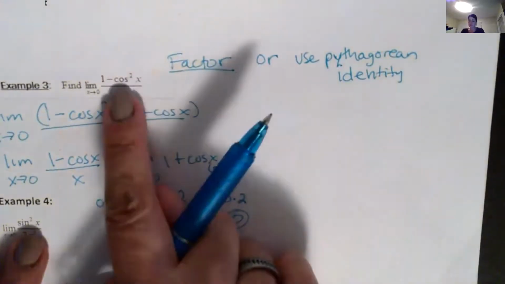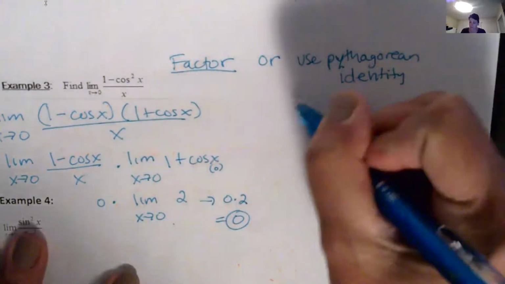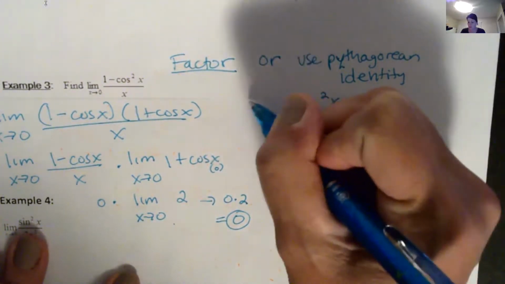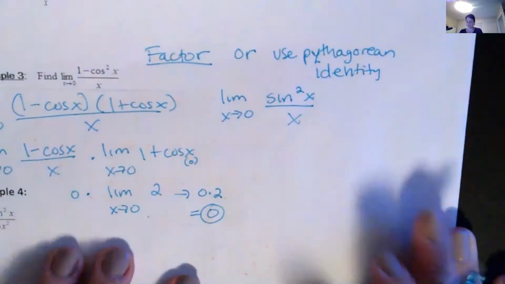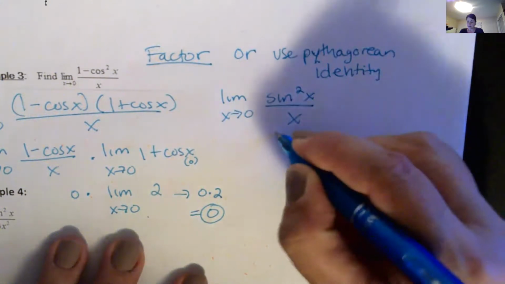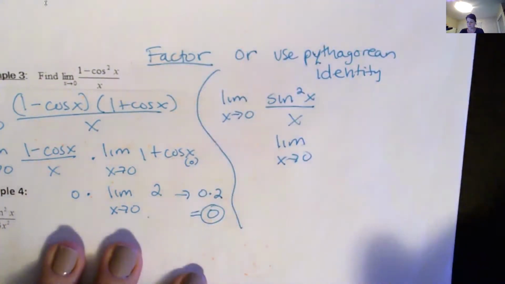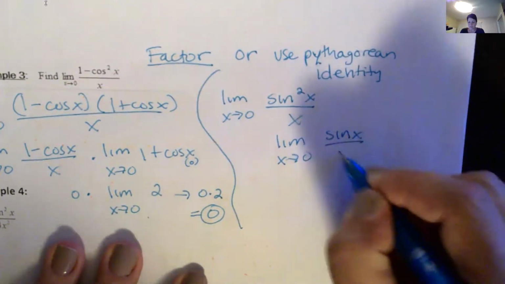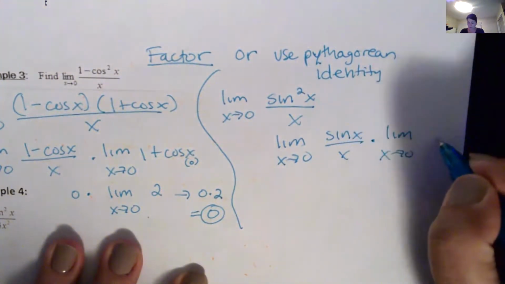Now, the Pythagorean identity, sine squared x plus cosine squared x equals 1, so 1 minus cosine squared x is sine squared x. So I could actually rewrite this way also, and work the problem. And then separate the fraction, apply my product law, if you will.